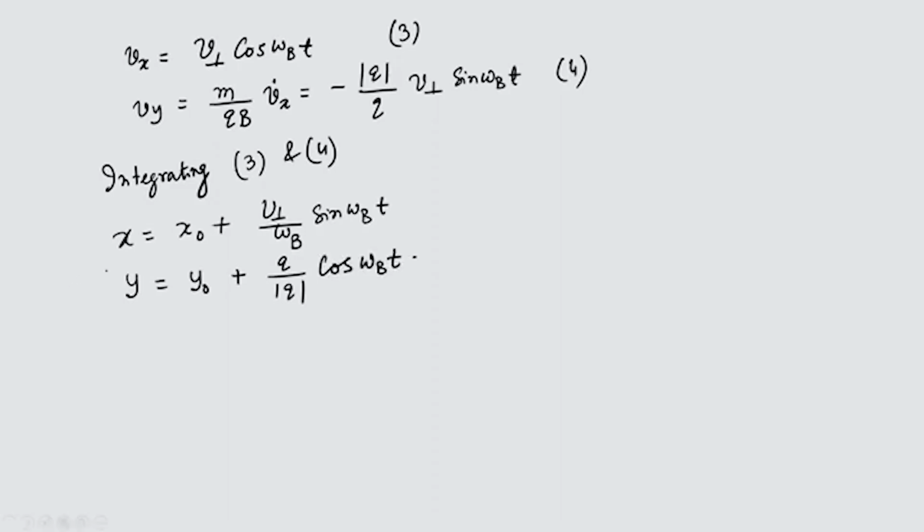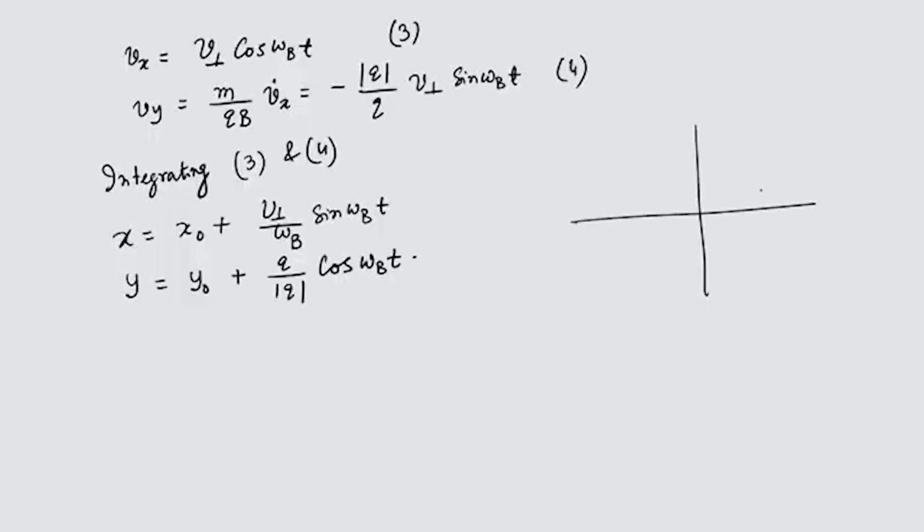So this is the x motion and the y motion, and it's clear that if you superpose this motion, you get a circular motion. And let me show that circular motion. Let's see how neatly I can draw a circle. Not very good, but this is that circular motion that we are talking about, with this point x0, y0.